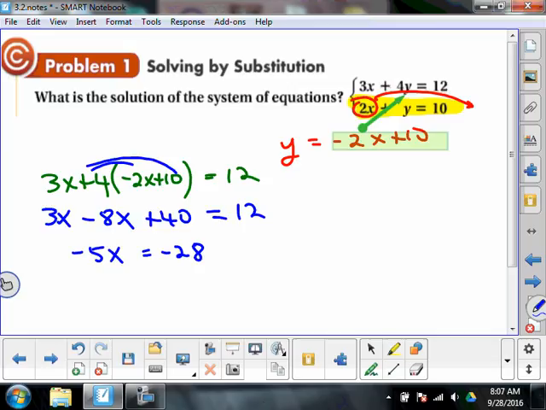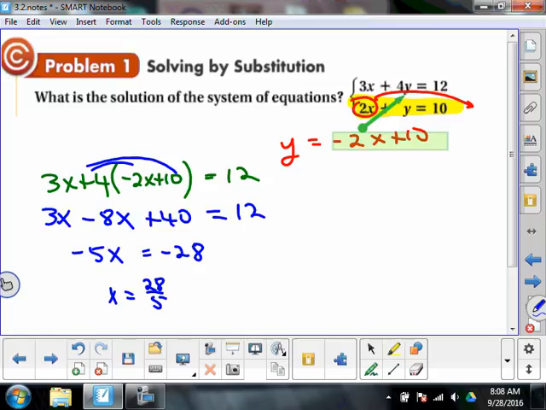Okay, so we divide by negative 5. So x is going to equal how much? A negative divided by negative is going to be positive 28 over 5. Hopefully we did all that right. I don't see anything wrong with it so far. Fractions. Oh man, oh my gosh.